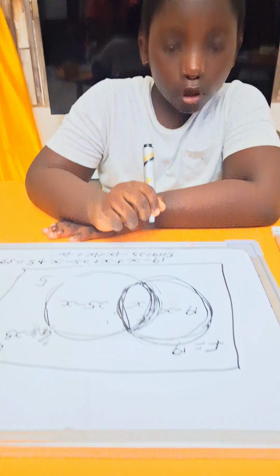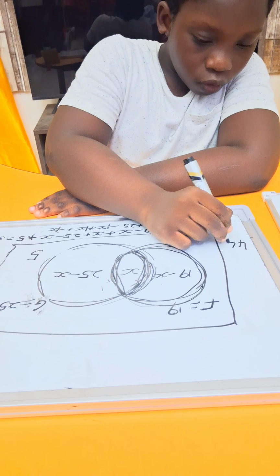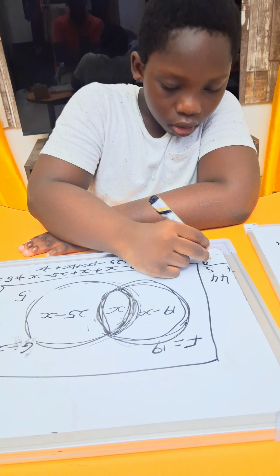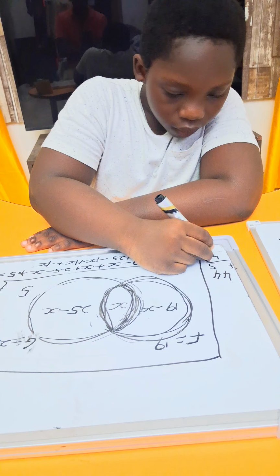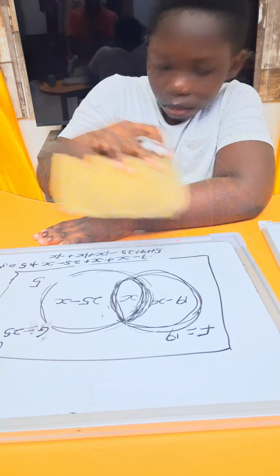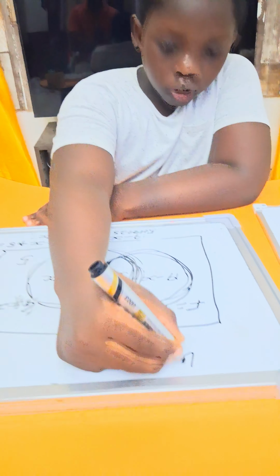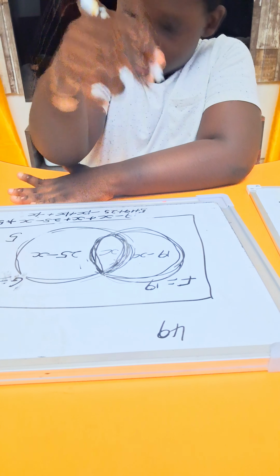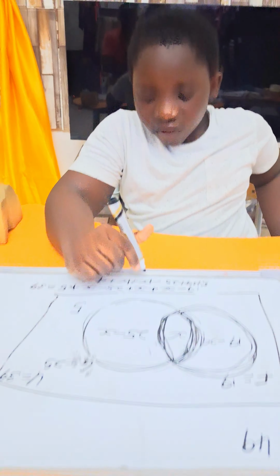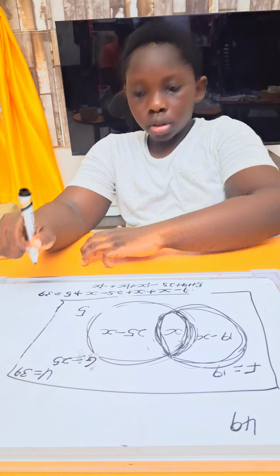Plus 5 is 49. And we have 49 like this. To do this, we need to find negative 1x plus negative 1x.